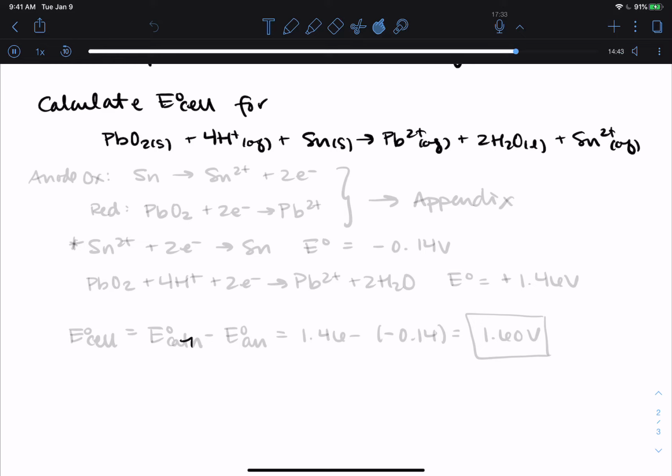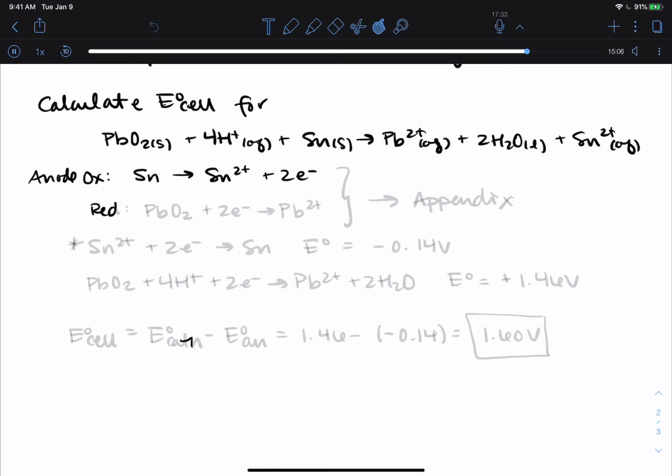So we need to identify the anode and the cathode. So the oxidation half reaction that's happening here is that tin is turning into tin 2 plus plus 2 electrons. So this is going to be my anode.